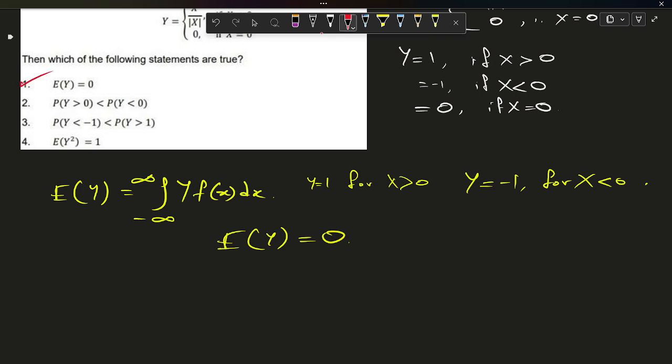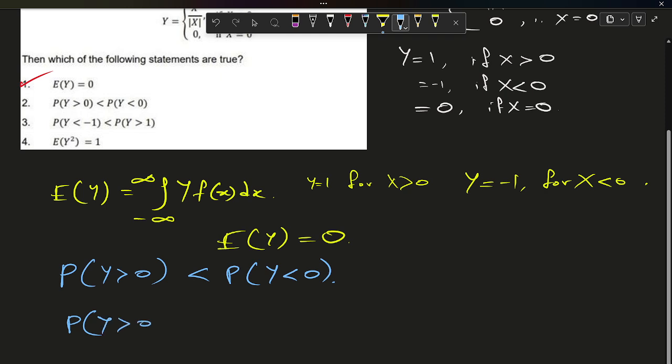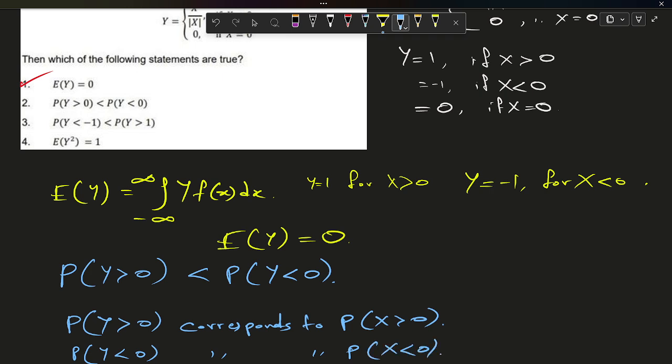Now we have to think about the second option, which says probability of y greater than 0 is less than probability of y less than 0. Probability of y greater than 0 corresponds to probability of x greater than 0, and the same holds for the less-than case.